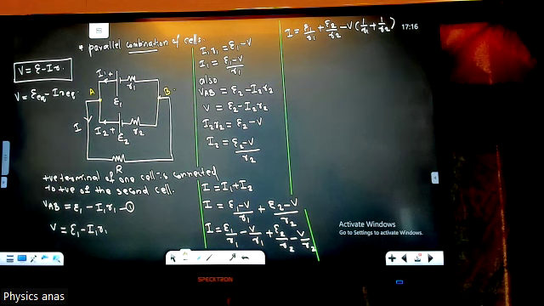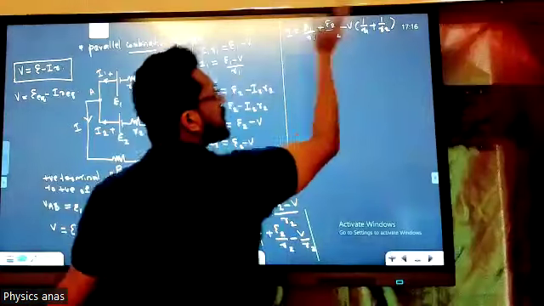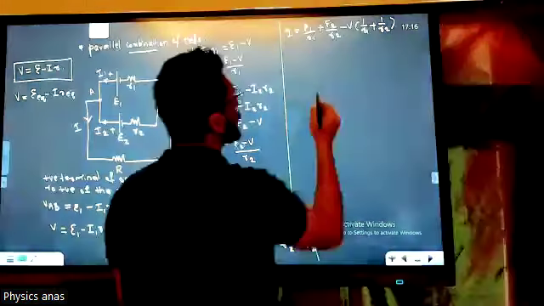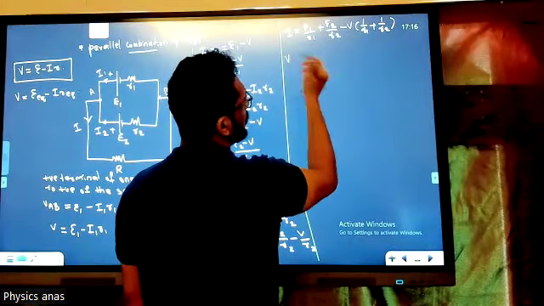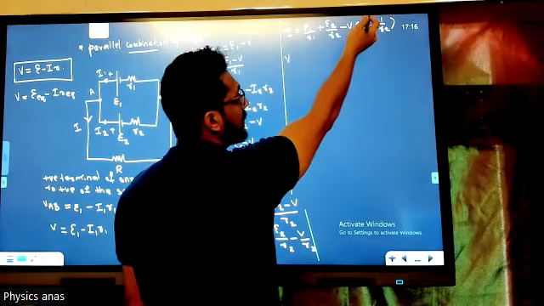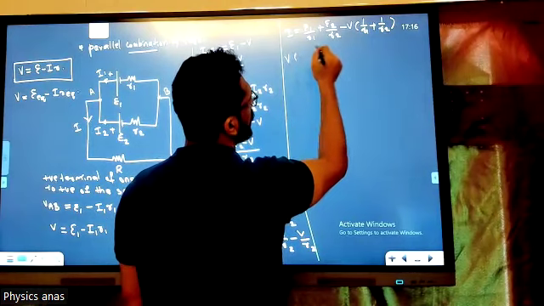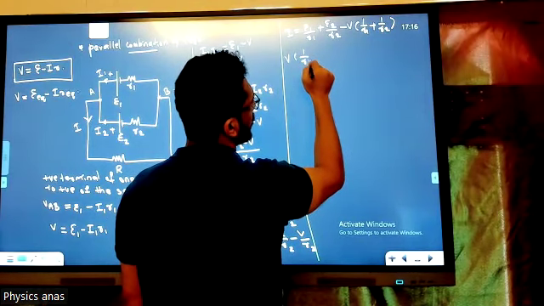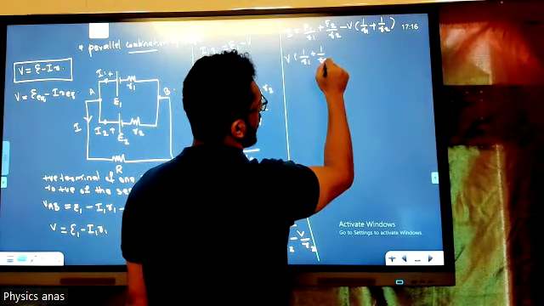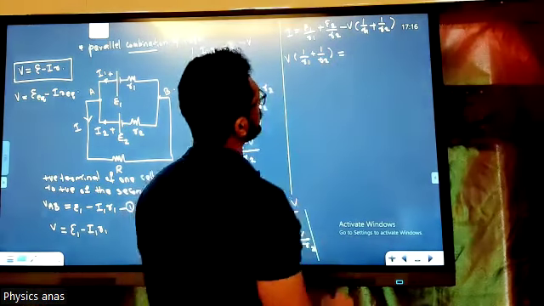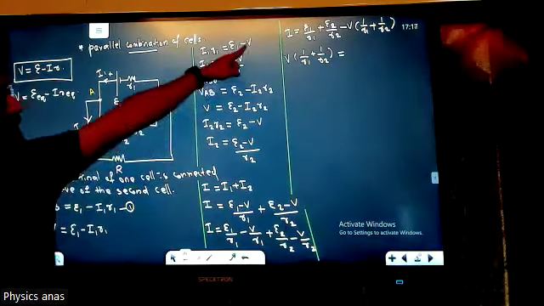For that, I need this V on the other side. So I am bringing this V, that will be plus. If that is minus and I am taking it to the other side, that will be plus. V into 1 by R1 plus 1 by R2 is equal to what is here?